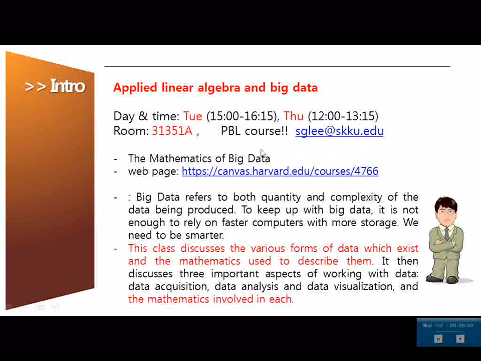And we would like to use the information on this course from the recently offered course at Harvard University Math Department, which is the Mathematics of Big Data, which you can find at this web address.